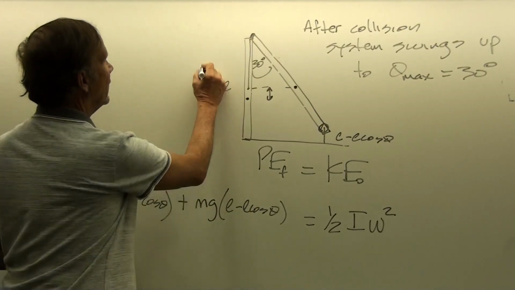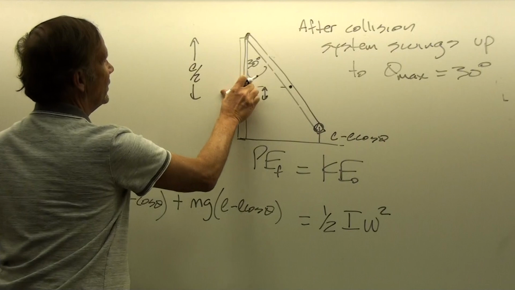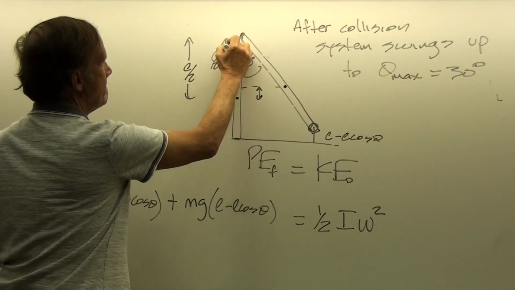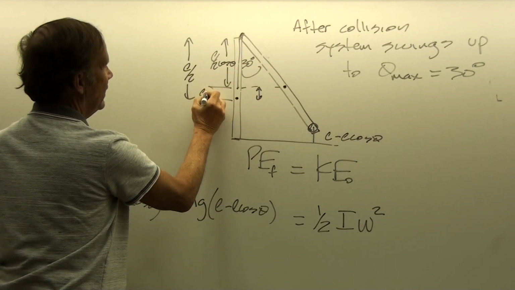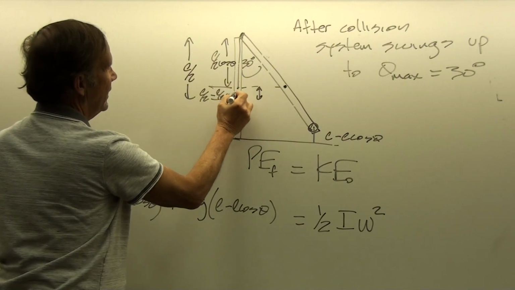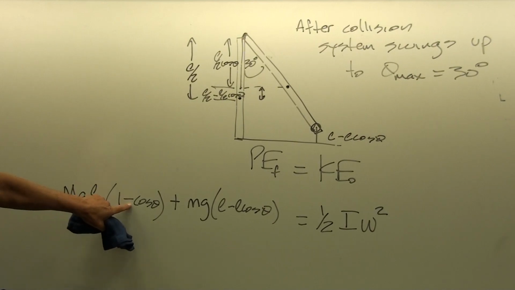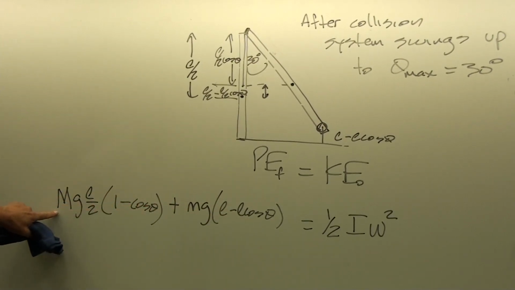So this is L over 2, this is L over 2 cosine theta, and so this term is L over 2 minus L over 2 cosine theta. That's mg times L over 2 minus mg times L over 2 cosine theta. So that's our change in potential.